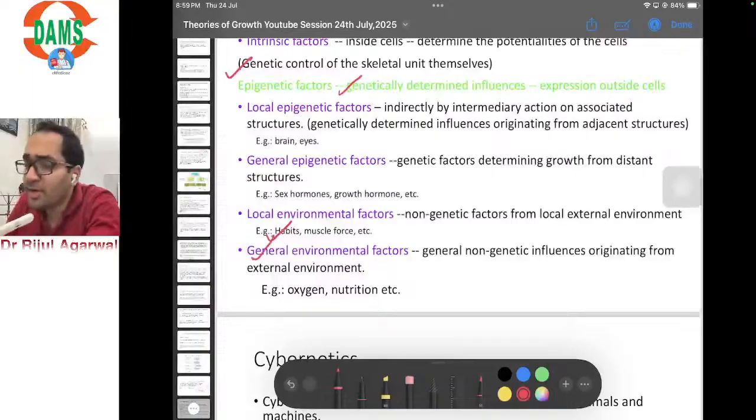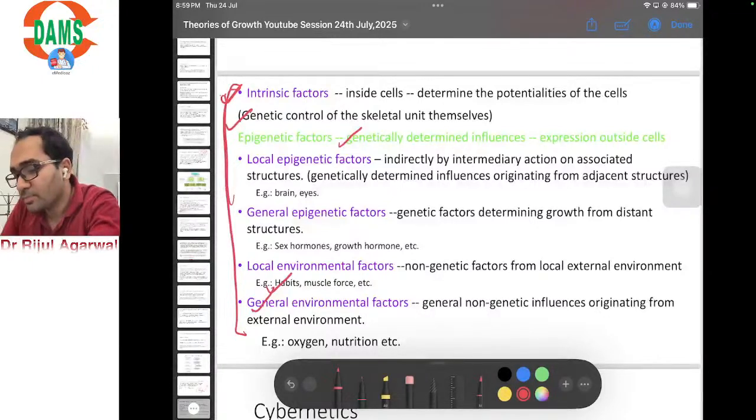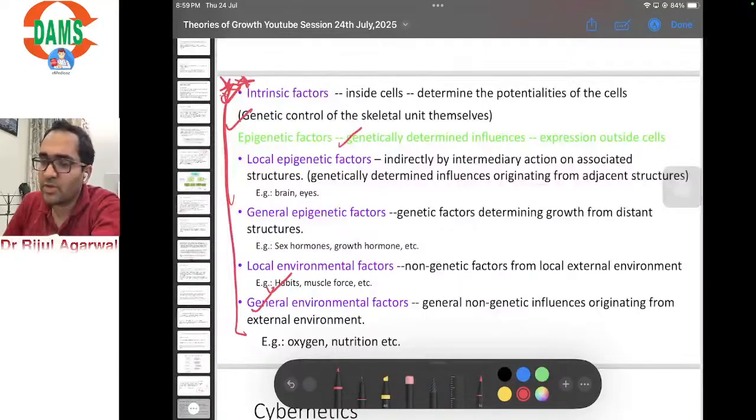And general environmental factors are like the nutrition which we take and the amount of oxygen which we get. These are the general environmental factors. This slide is very important from an MCQ point of view.